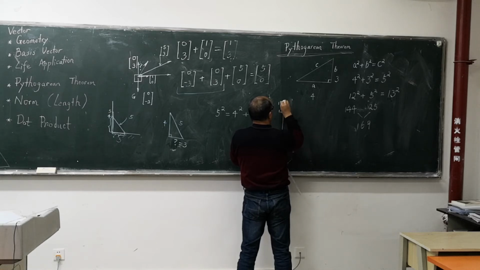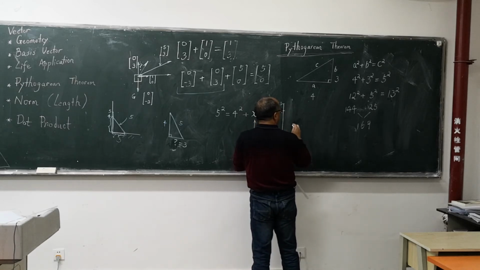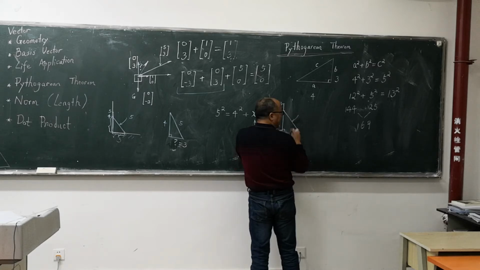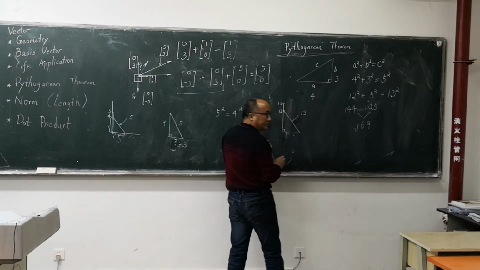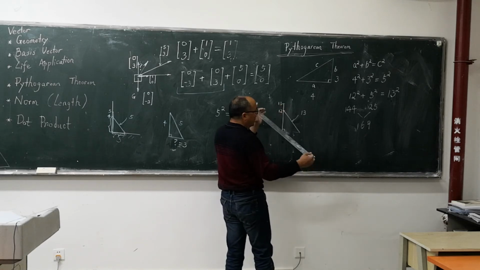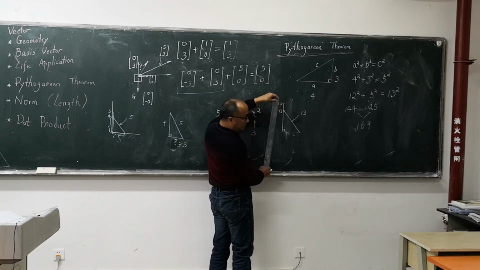Here is the 13. If I lower 1 unit, the state length is still the same, it does not change. You push it, your state didn't become shorter or longer. In the beginning, your state is vertical.